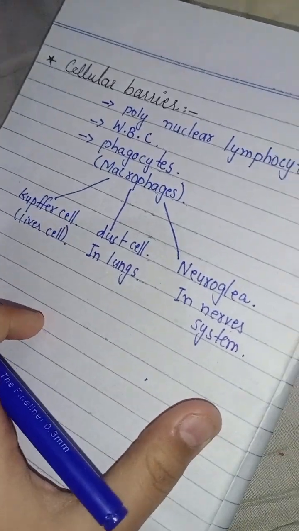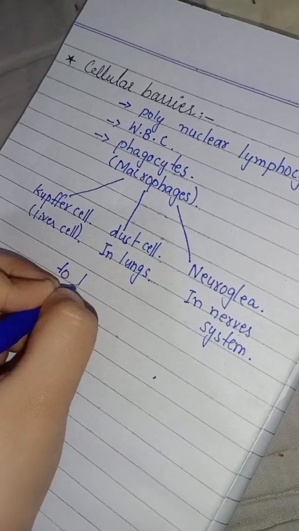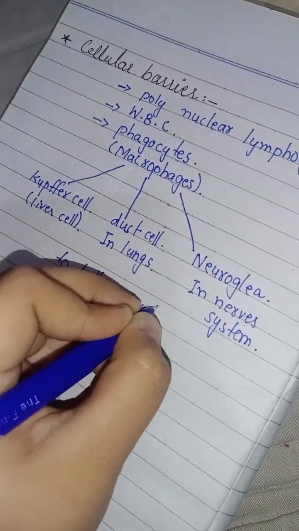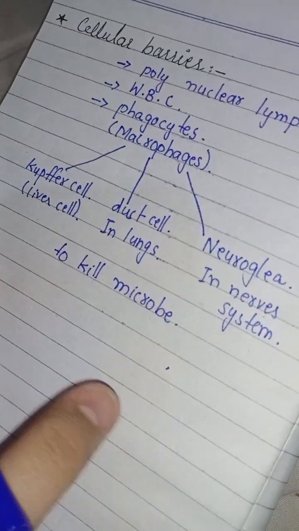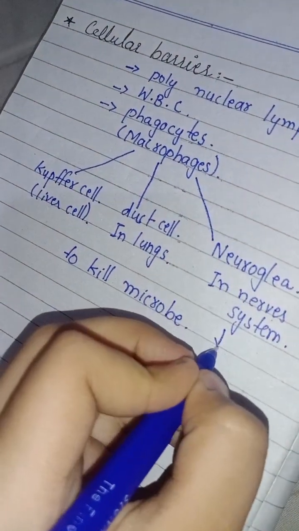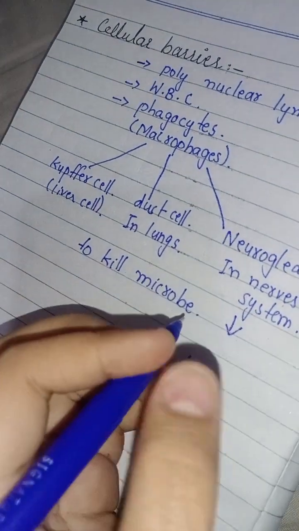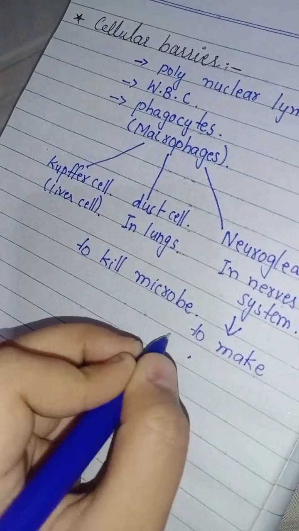Now the function of these three is to kill microbes. Neuroglia work to make the primary immune system when a pathogen is there.